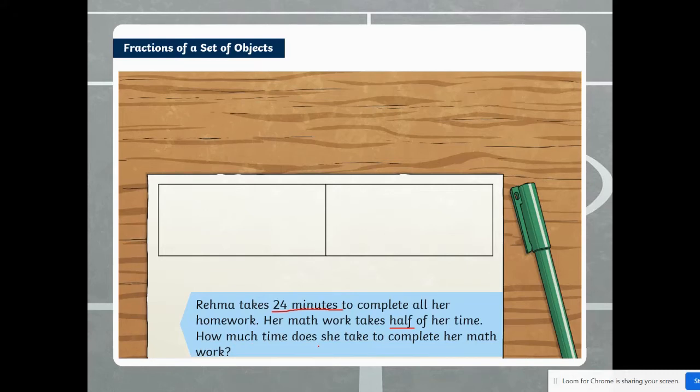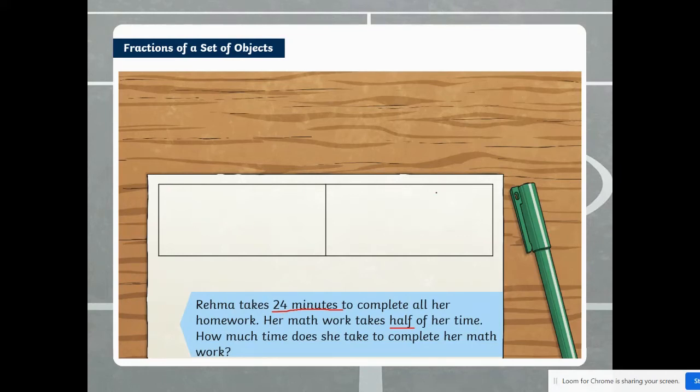So let's calculate. Now here we are using a bar model. Now bar model is nothing but we make a rectangle. The rectangle represents the entire time or total number of objects or the total amount of money that you have or total amount of sweets that you have.